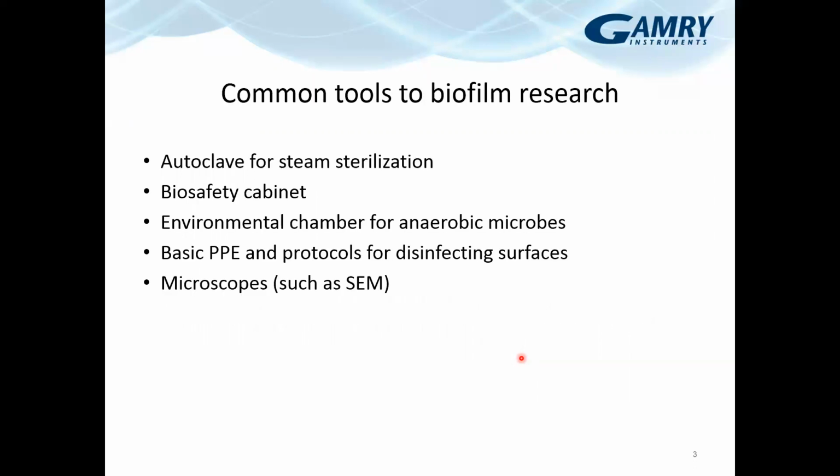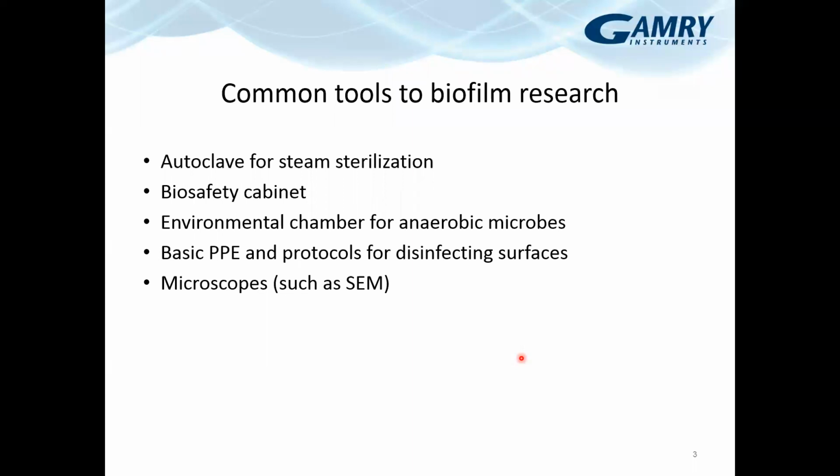Now, common tools to biofilm research. Typically, you have an autoclave for steam sterilization. You have some kind of biosafety cabinet, maybe a type 2, where you can ensure the sterility of your sample and preparation.